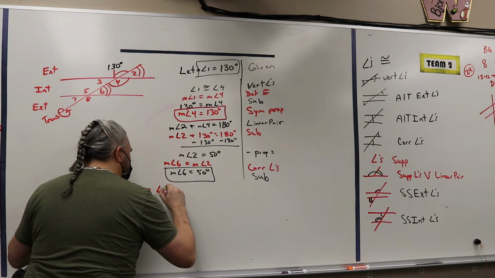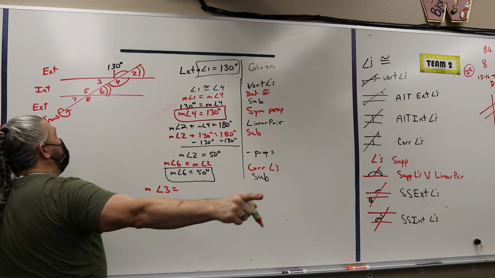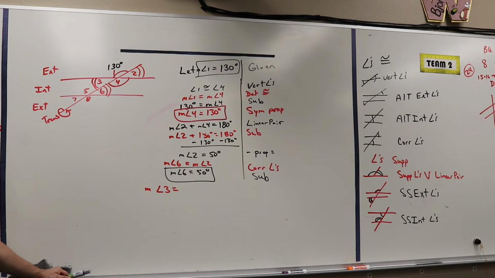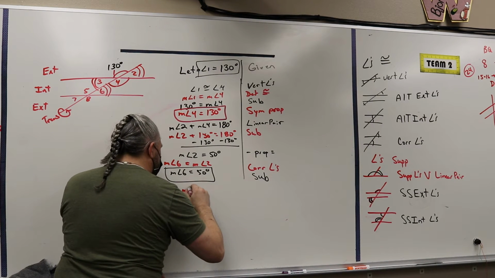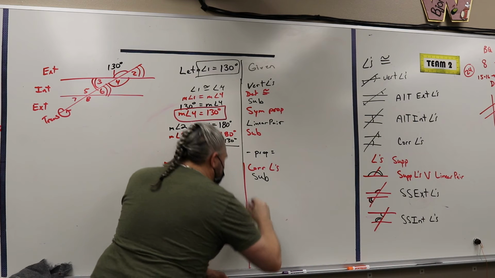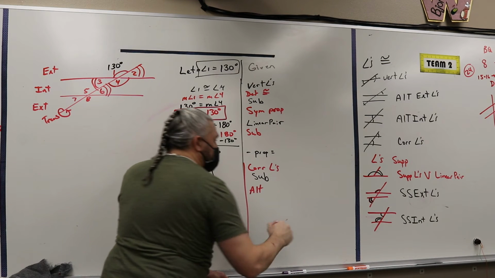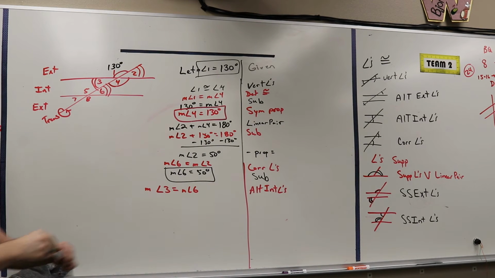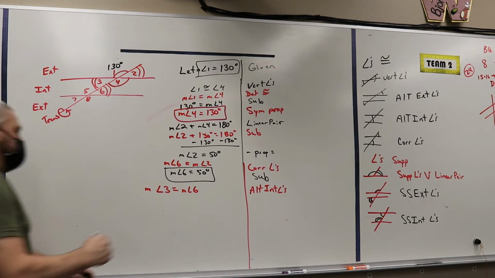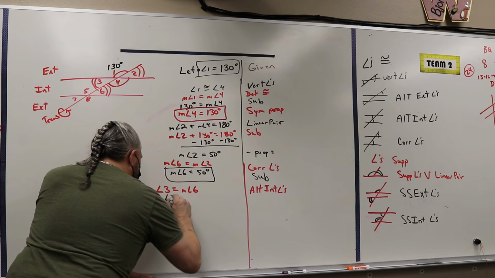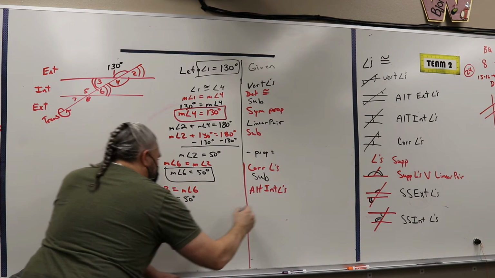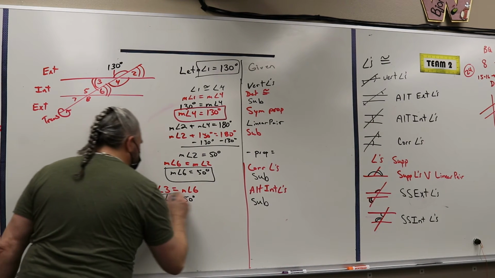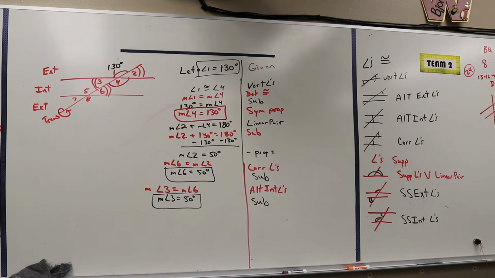The measure of angle 3 is equal to what? 6, because of alternate interior angles. Very good. And so how much is the measure of angle 3? 50 degrees. Why? Because of 130. Substitution. Boom. Okay. We're almost done.